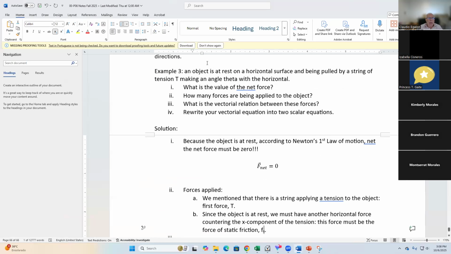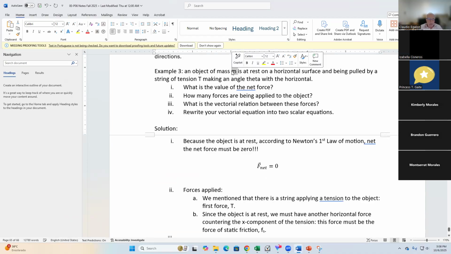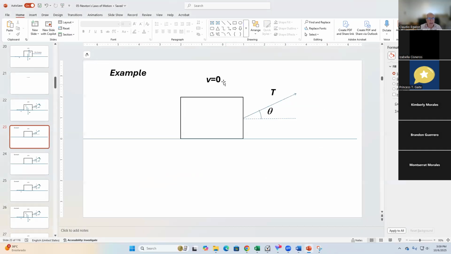An object of mass m is at rest on a horizontal surface, and being pulled by a string of tension T, making an angle theta with the horizontal. That's the information that we have.